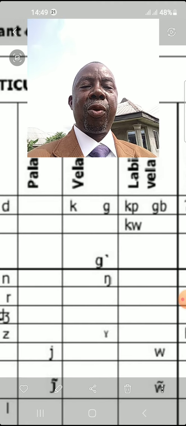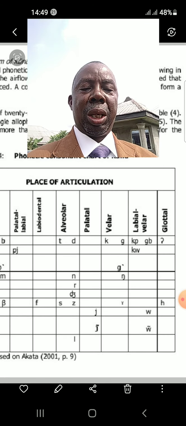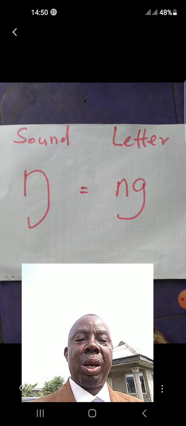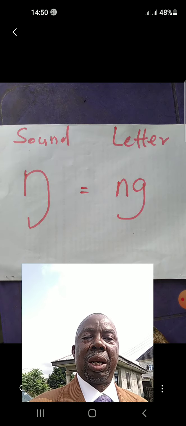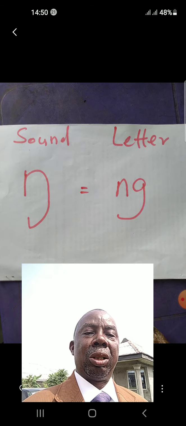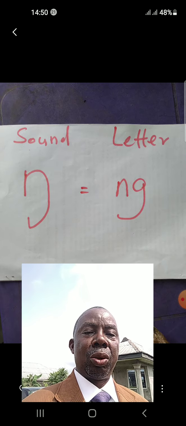Now, if you want to use the letters that represent this sound, you have two letters that are well used to represent this particular sound. Look at it there: N and G, the two letters used.